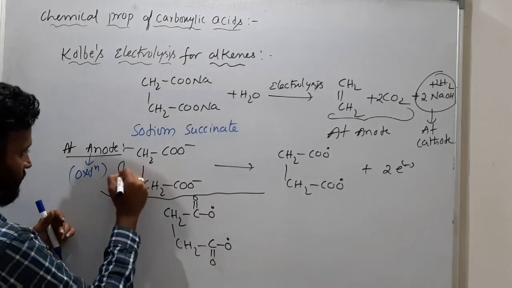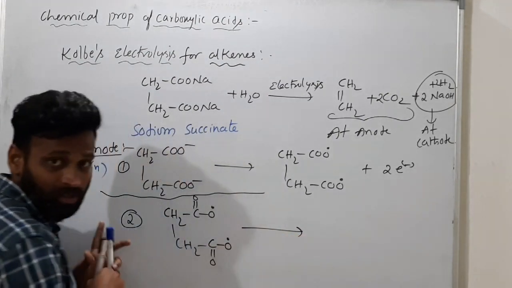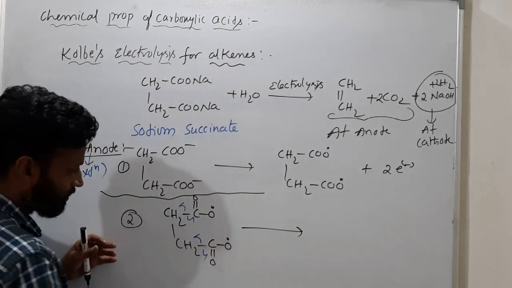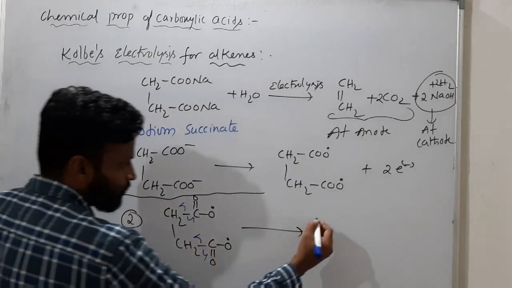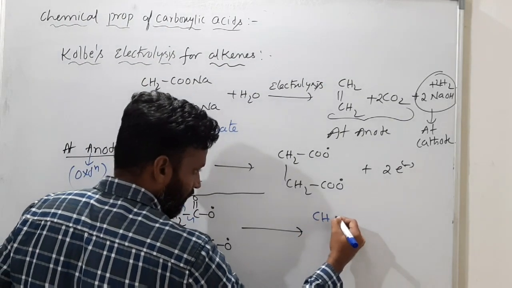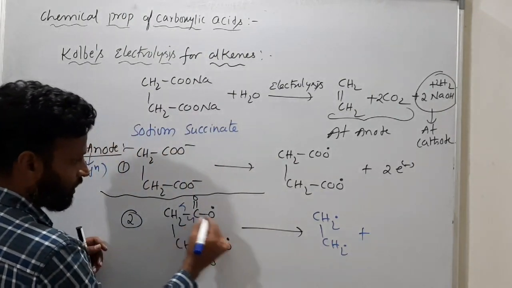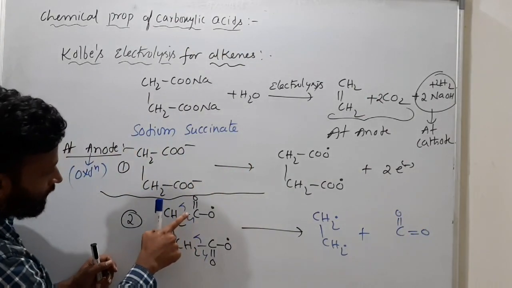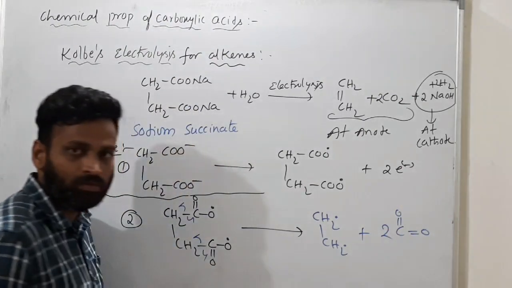Next, it is the second step. What happens next? Very simple, homolytic cleavage of this bond and homolytic cleavage of this bond. Half arrow homolytic cleavage means CH2 dot and CH2 dot plus CO2, O=C=O, 2 moles.